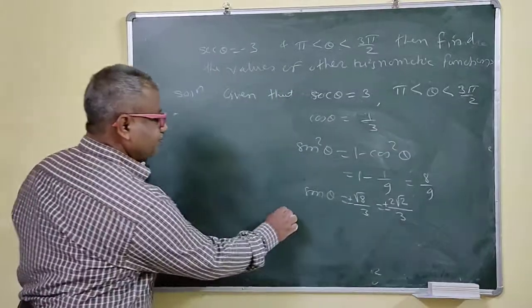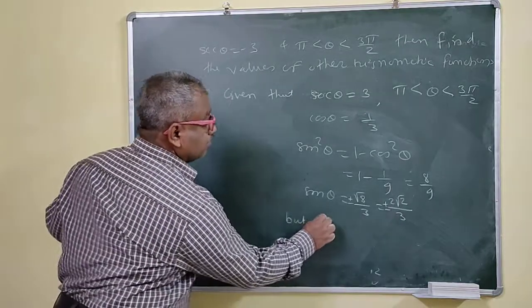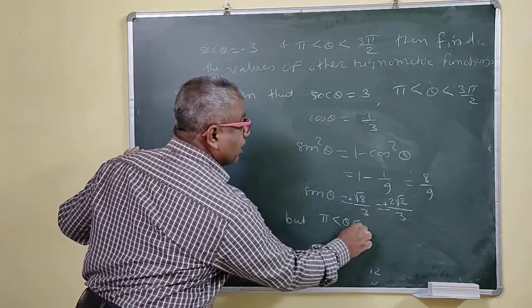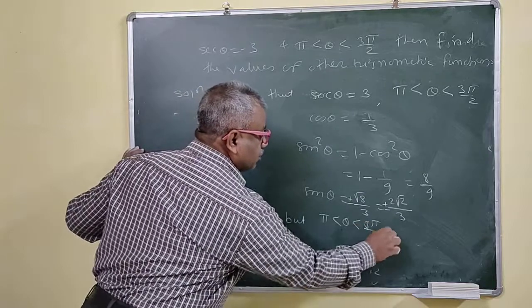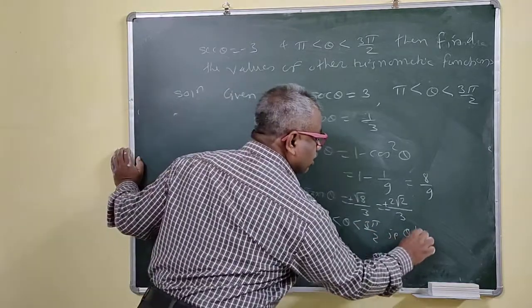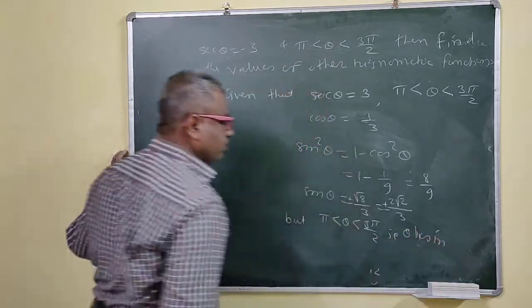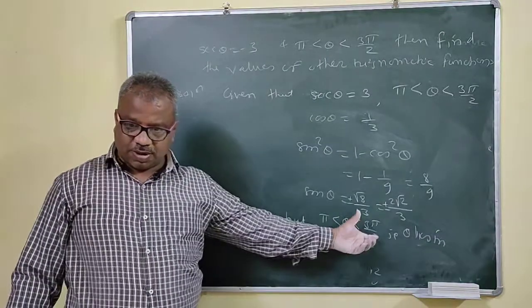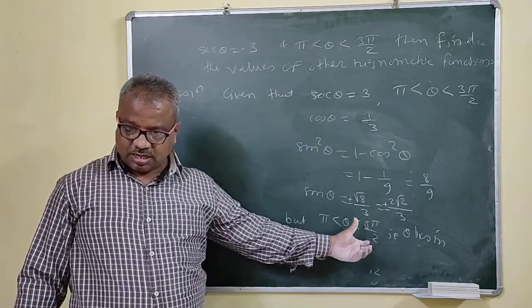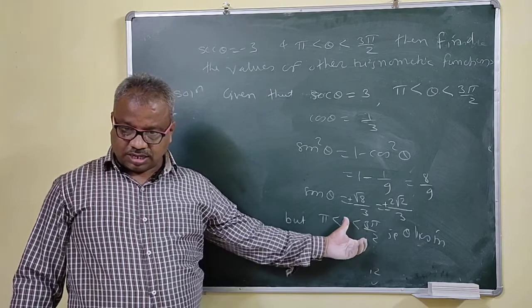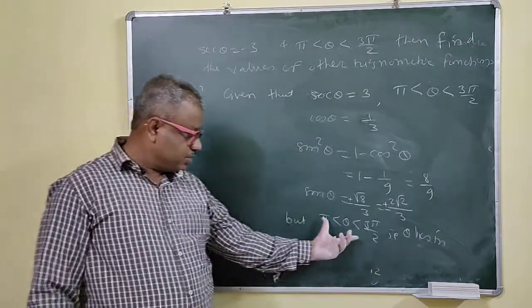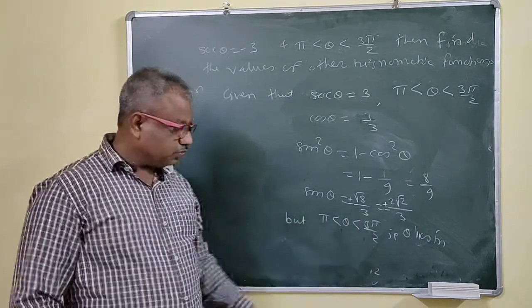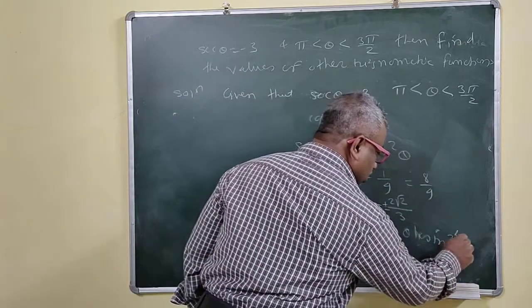But pi less than theta less than 3 pi by 2, that is, theta lies in the third quadrant.